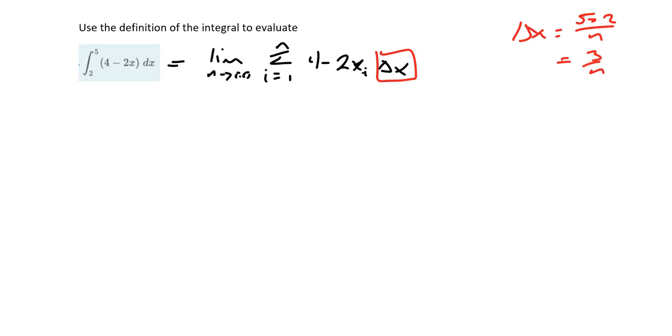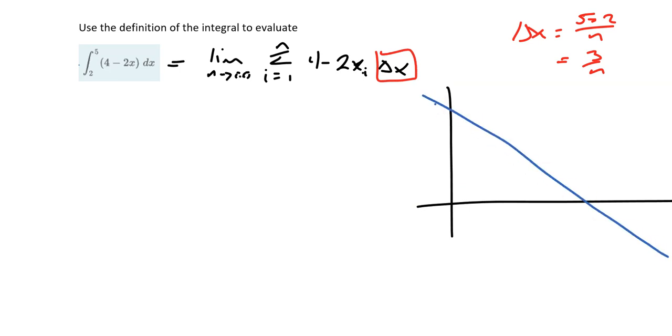Now we got to figure out what the x sub i's are going to be. What are our sample points? Now think about our number line and our graph of this thing. So the graph of this function looks something like that. I didn't give myself enough room. I'm going to draw a little steeper.